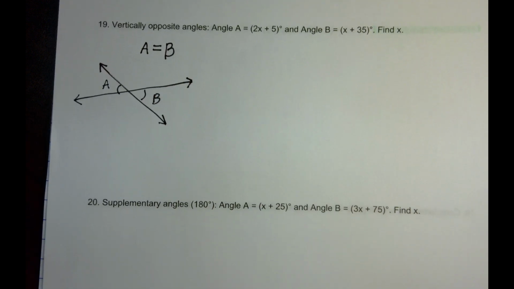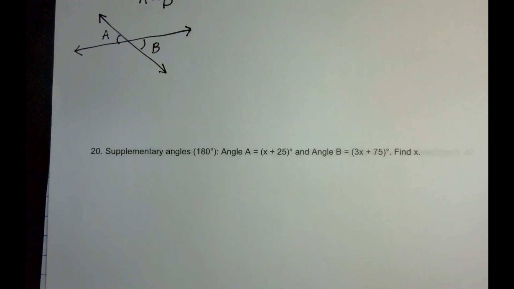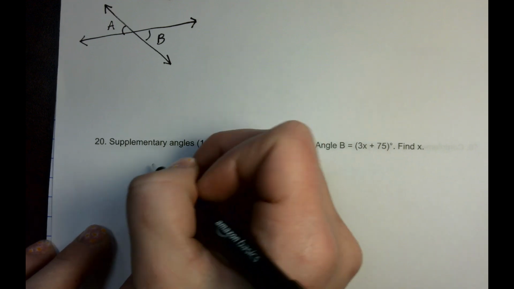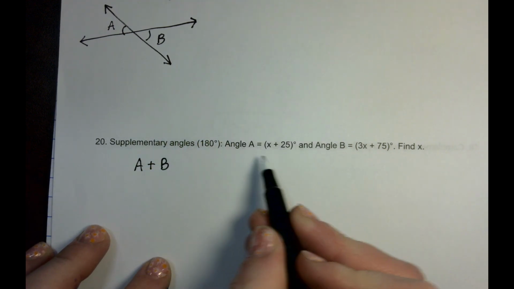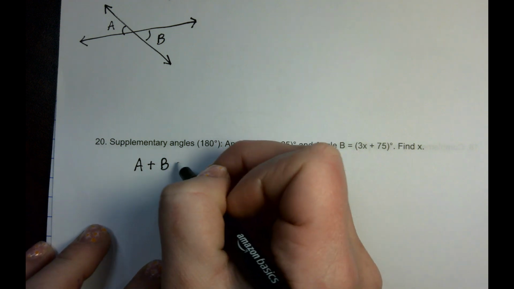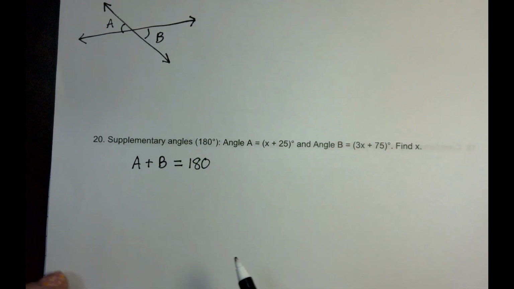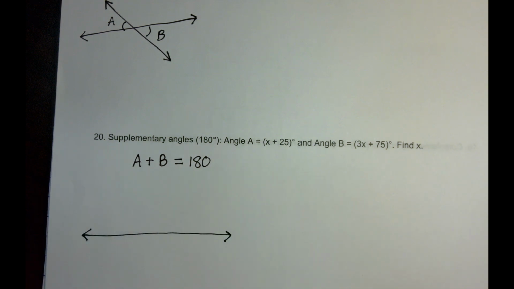And then real quick, number 20, supplementary angles, angles that add up to 180 degrees. What does that kind of look like? A plus B equals 180. Yep, A plus B is 180. So it's kind of the same thing as 360, just we're using 180 instead. Optionally, you could draw a picture. You don't have to.